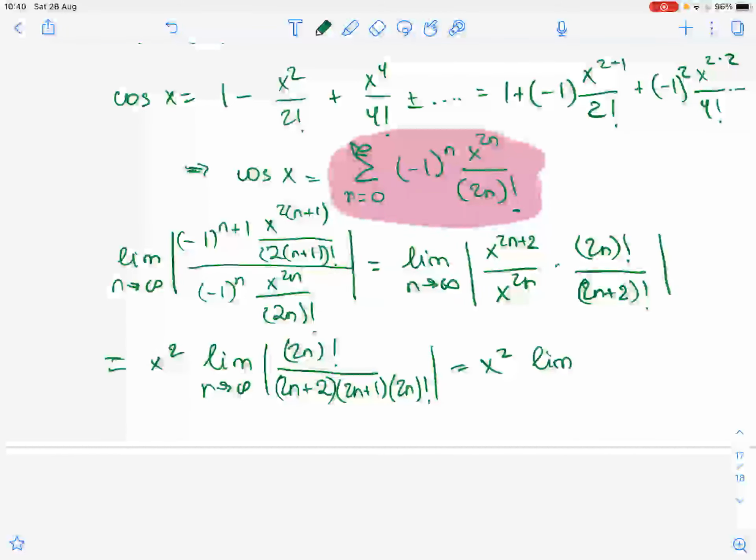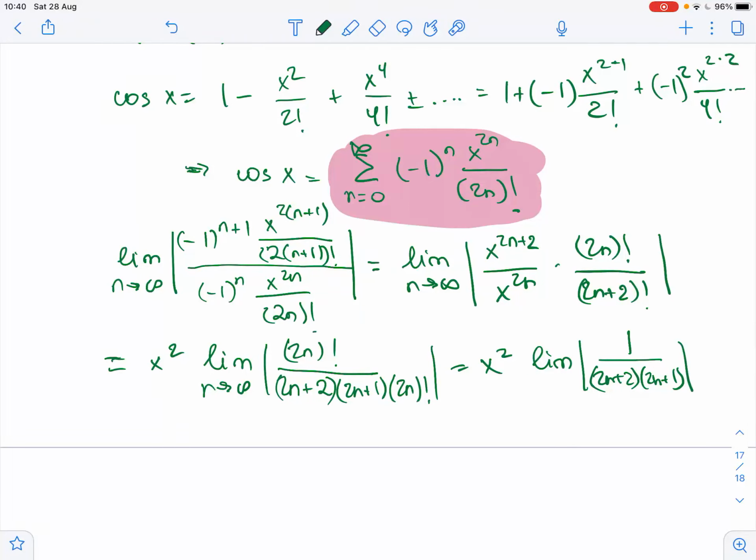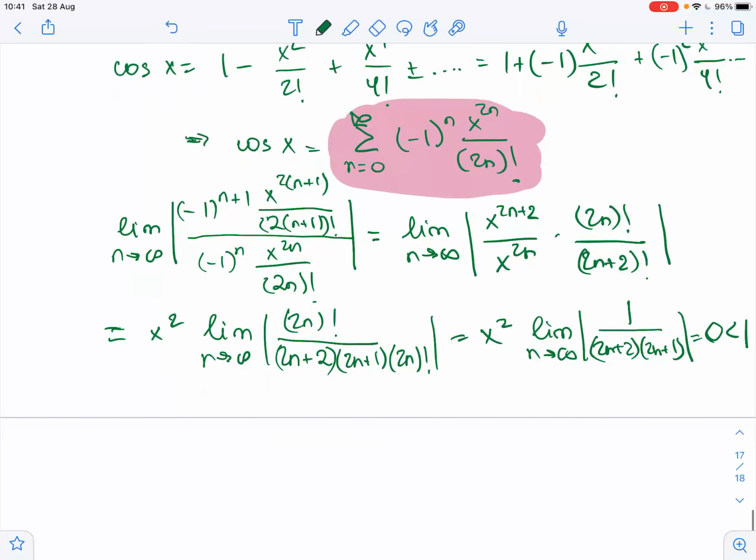So this equals x squared times the limit of the absolute value of 1 over 2n plus 2 times 2n plus 1, where n approaches infinity, and this equals 0, which is less than 1. So that means that the series converges independently of the value of x. So the radius of convergence of the series is infinity.